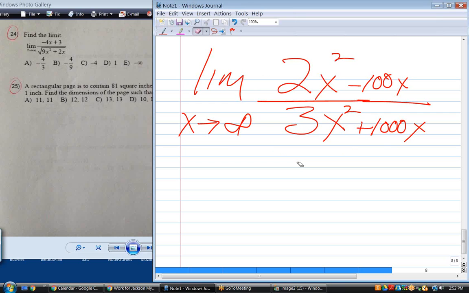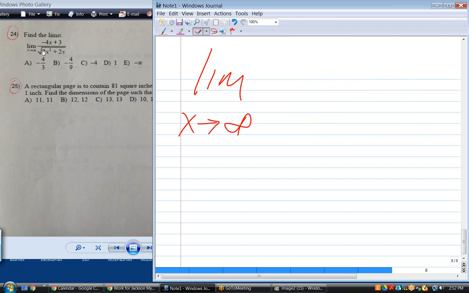So it's the same as this question. Now, the question's a little more complicated because we don't know how to take the square root of that. But I can see that the square root of that is 3x. And we have a minus 4x there.